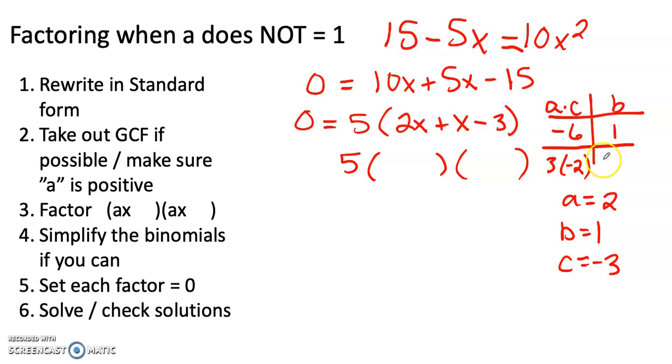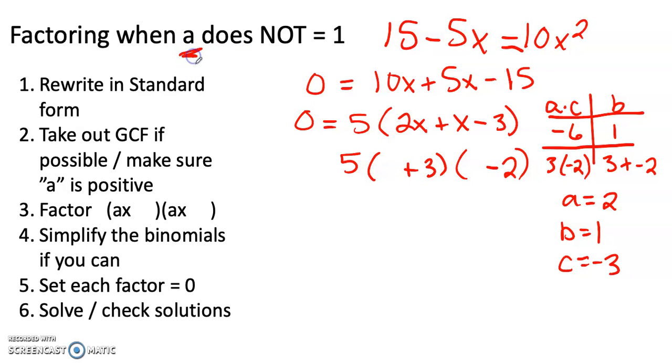And what we can find is that 3 times -2 gives me a -6, but 3 plus -2 gives me a +1. So I'm looking for a +3 and a -2. Now here's the difference.